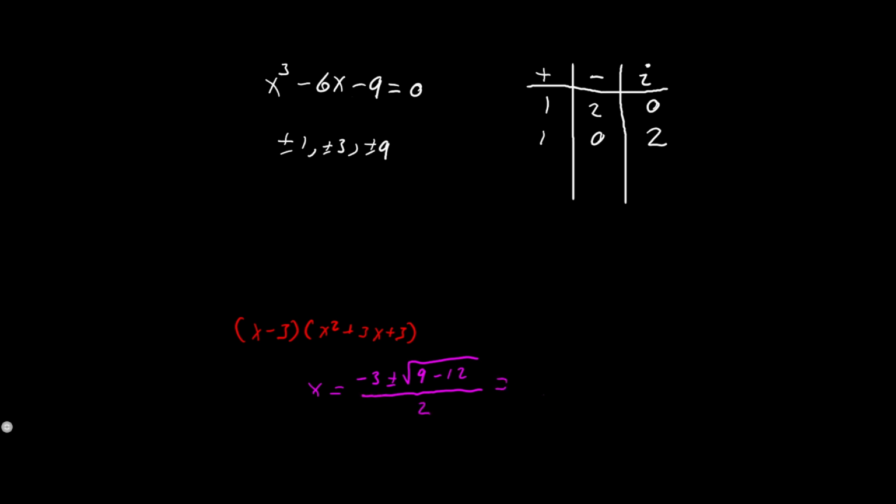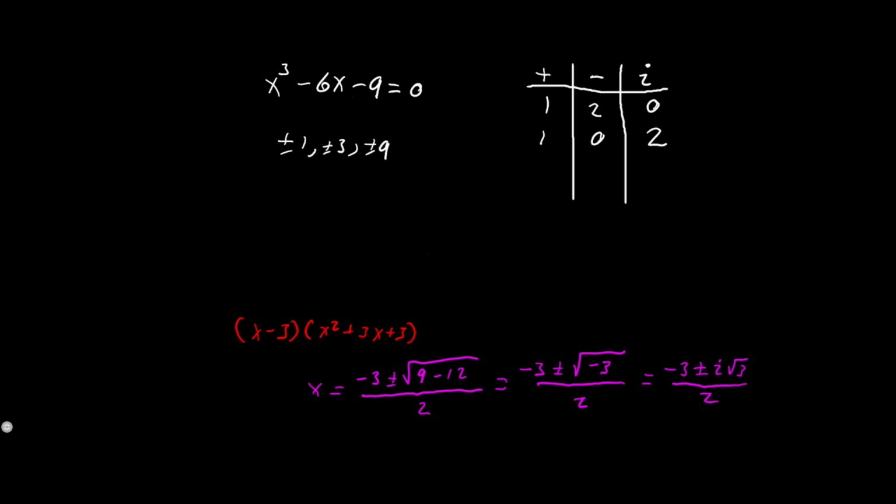We just simplify this. We have negative 3 plus or minus the square root of negative 3 over 2. And our final result is negative 3 plus or minus i root 3 over 2.